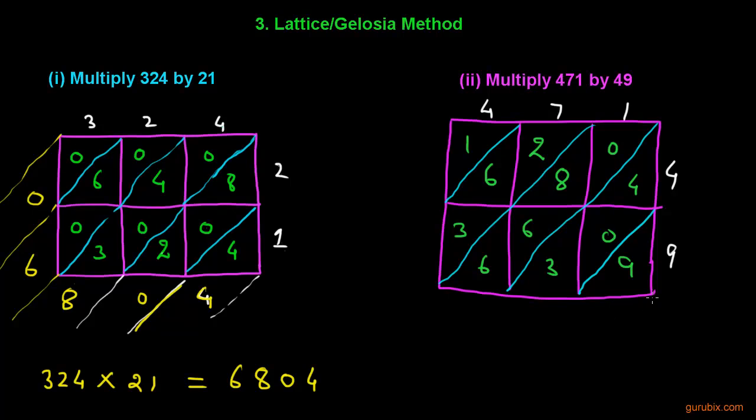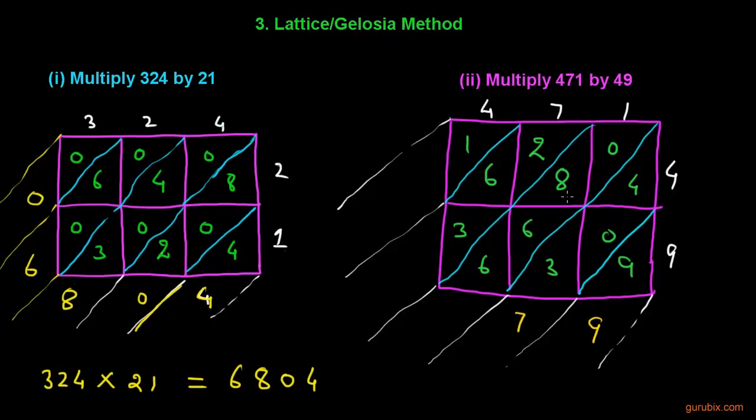And now we shall start adding diagonally. And if we add this diagonal, we just have 9. 4 plus 3 is 7. If we add these numbers, then we have 20. And we shall write 0 here and carry 2 to this diagonal. 2 plus 2 is 4. 4 plus 6, 10. 10 plus 3 is 13.